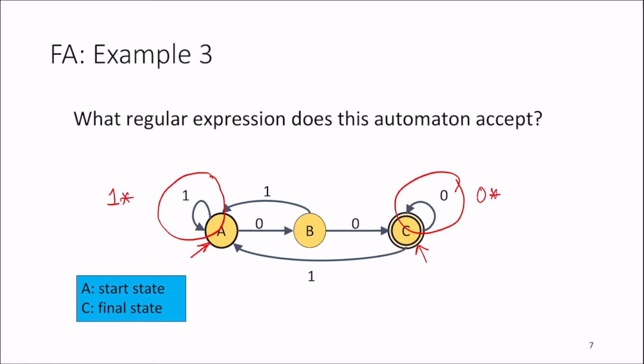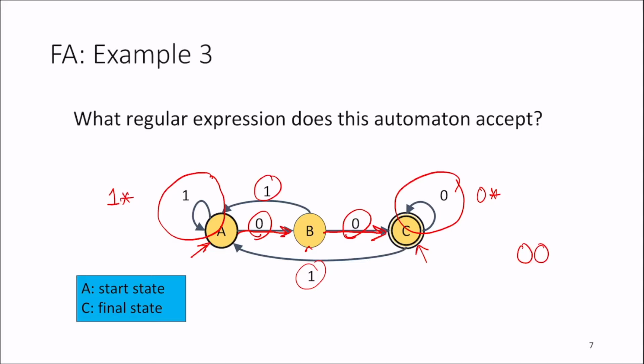So why are there 3 states? It starts off from an A, and then it goes to a B, and then goes to a C. So the path to a final state involves going through this state B, and the reason, as you can see here, is that it's looking for 2 zeros before it can reach a final state. As soon as it sees a 1, like either here or here, it goes back to the start state A and keeps accepting any number of ones that you want, as long as you end up with 2 zeros at the end.